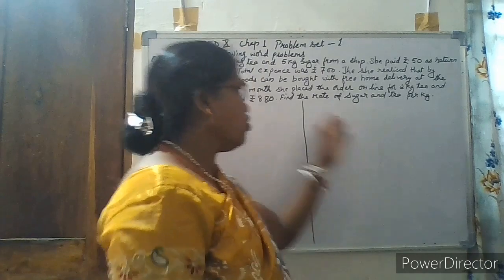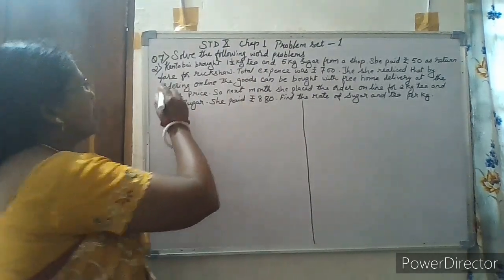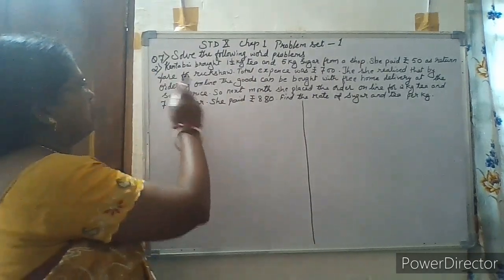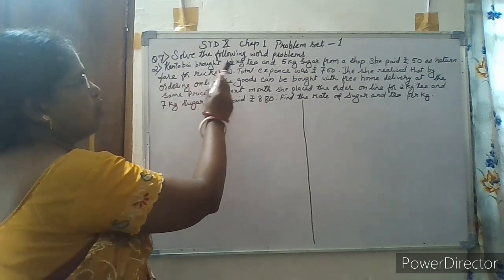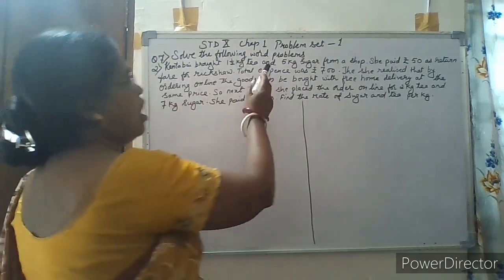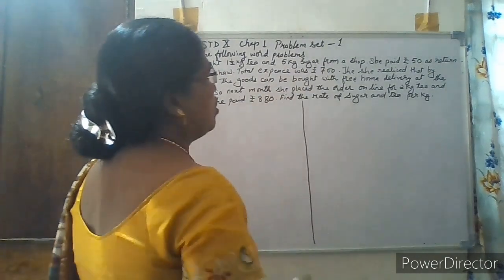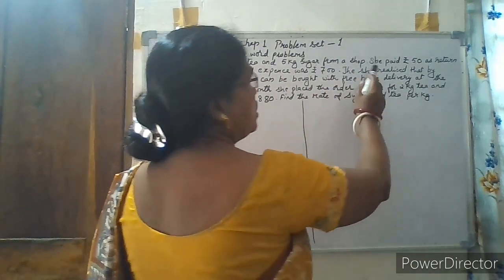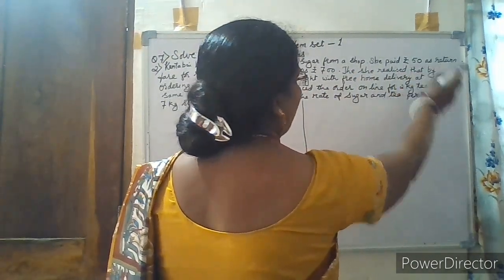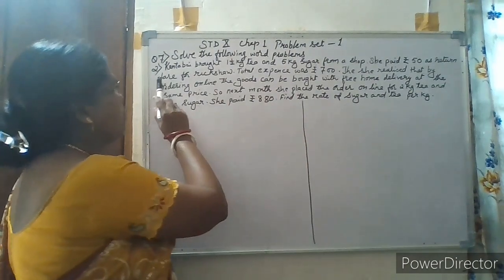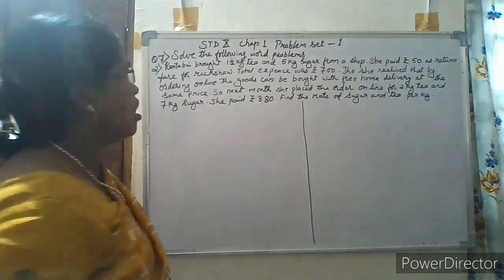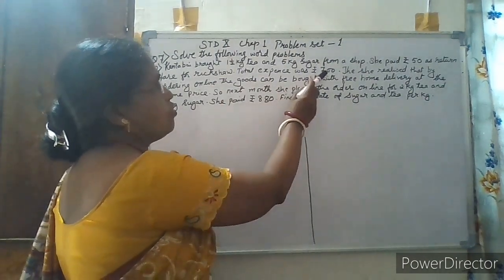Now, let us go with the second question. The second question is given as Kantabai bought 1.5 kg tea and 5 kg sugar from a shop. She paid rupees 50 as return fare for rickshaw. Total expense was 700.